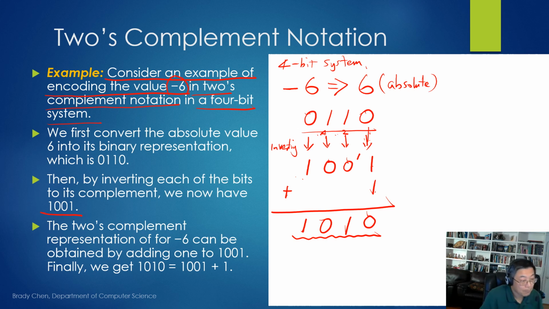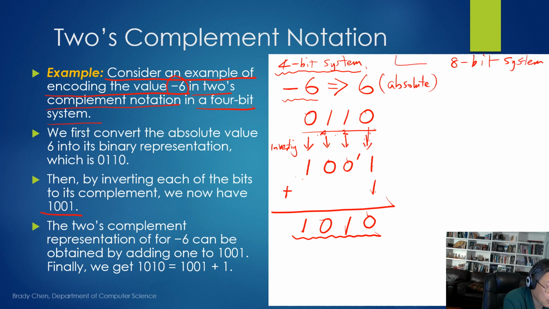Now, this is very important. If we talk about two's complement notation, we have to make sure what the number of bits for the system is. So remember, if we try to store this -6 in an 8-bit system, the result can be different.